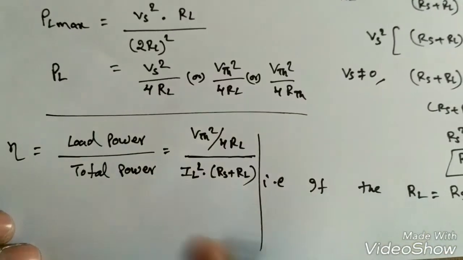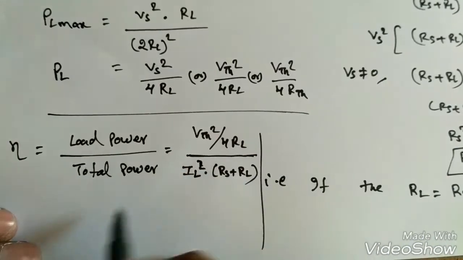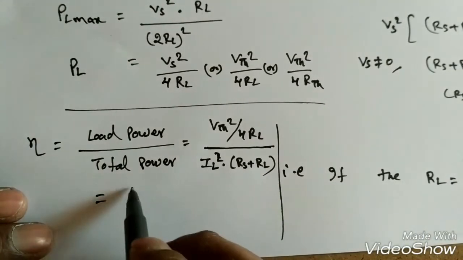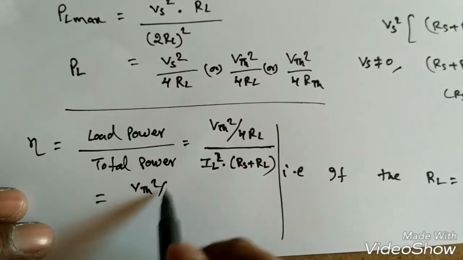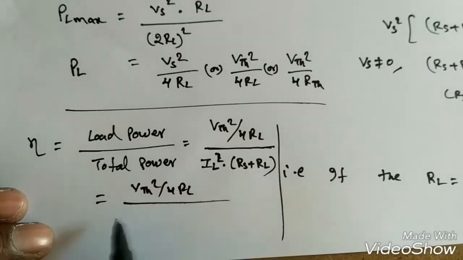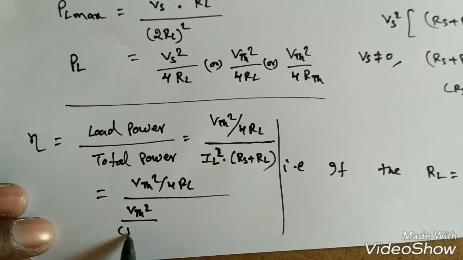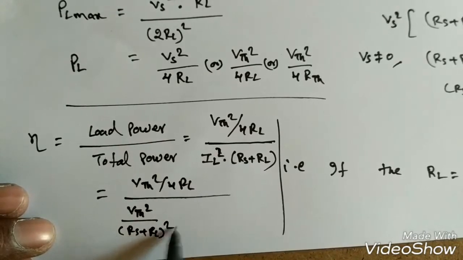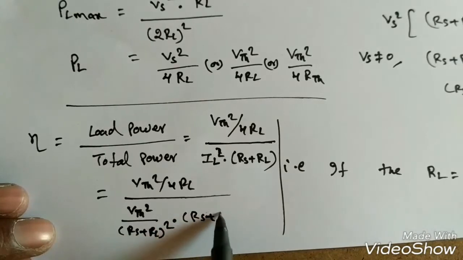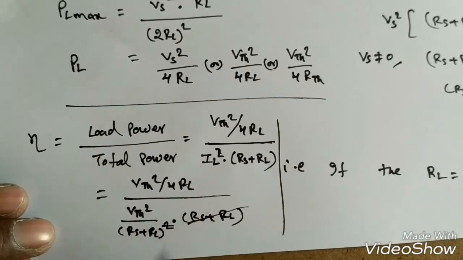Now again we need to substitute this IL square. So this is Vth square by 4RL by IL, that is again Vth or Vs square by (RS plus RL) square into (RS plus RL). So one will be cancelled here.